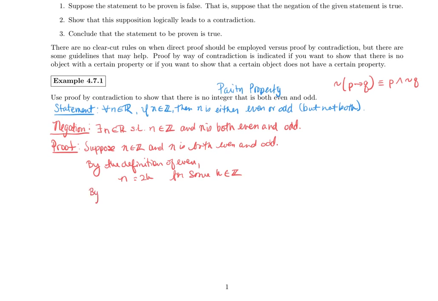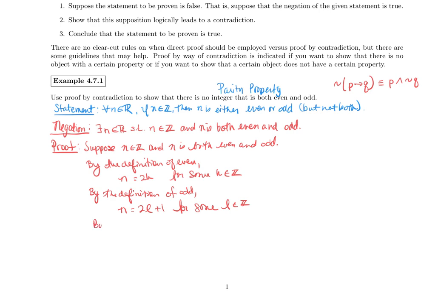Well, so by the definition of odd, then we know that n is also equal to 2l plus 1. Or you can do 2j or 2p or 2q or something else. And I said for some l in the set of integers. So I'm hoping you can see where we're going next.